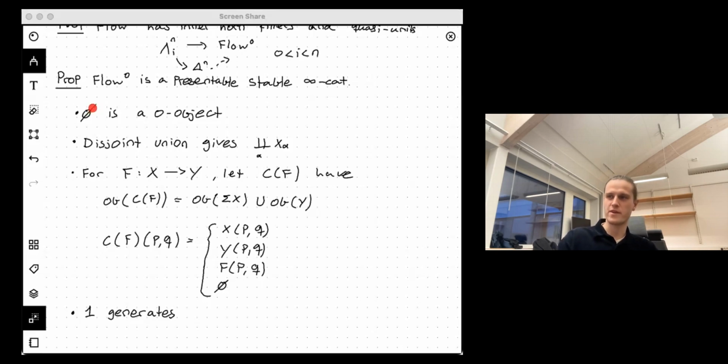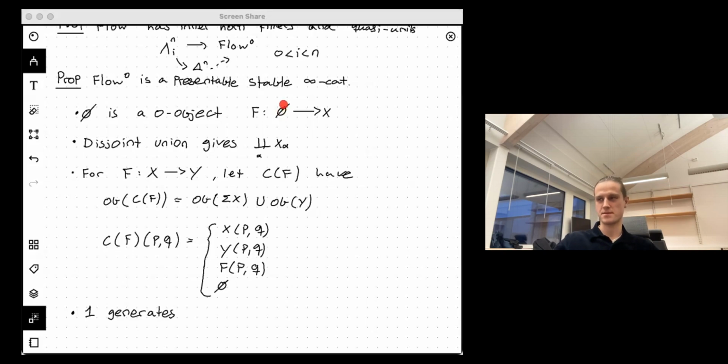First of all, the empty flow category is the zero object in this category. Why does that make sense? If we think about it for a second, what does it mean to specify a bimodule, for instance, like this? Well, then I would have to specify for all objects P in this one and all objects Q in this one some manifold with faces.